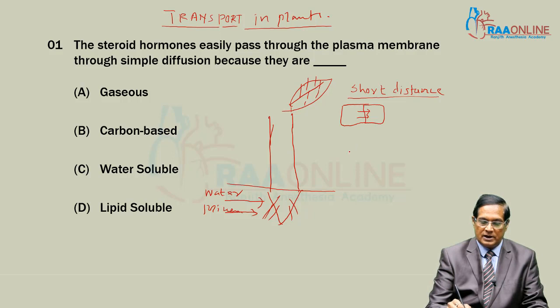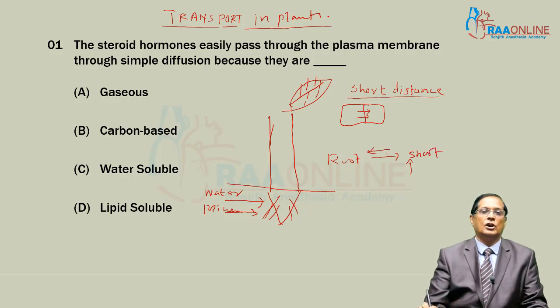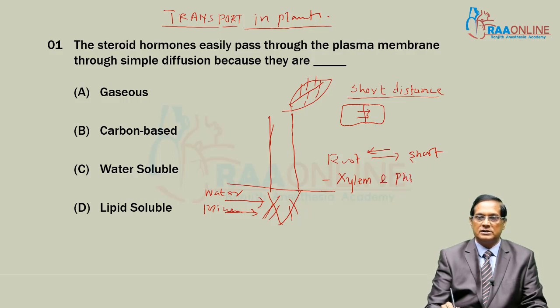And the second type of transport is from one part of the plant, for example root to shoot or shoot to root. This is long distance transport. Long distance transport involves vascular tissue, that is xylem and phloem.